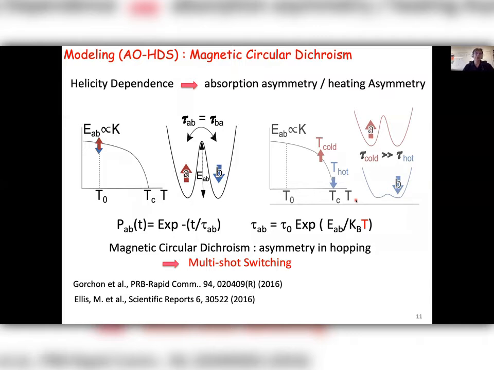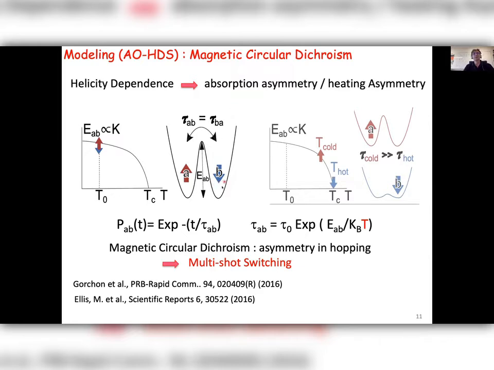The model that I proposed to explain this reversal was first magnetic circular dichroism, saying that basically this helicity dependence that we see is due to the absorption asymmetry between one direction and the other. In other terms, it means that when light with one helicity sees a magnetization up or down, the absorption is different.